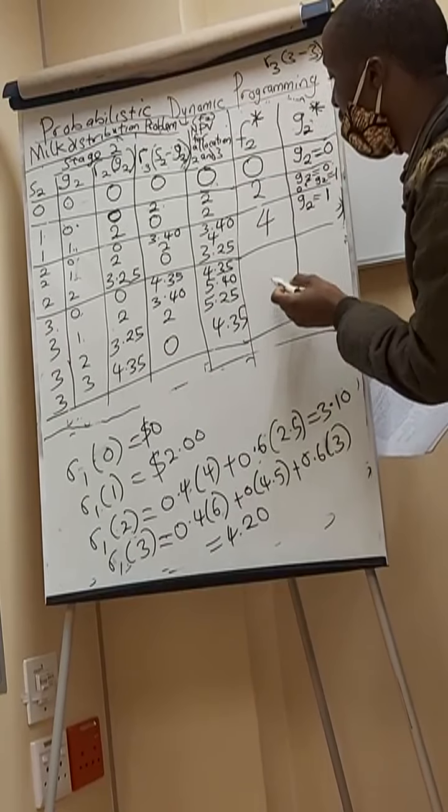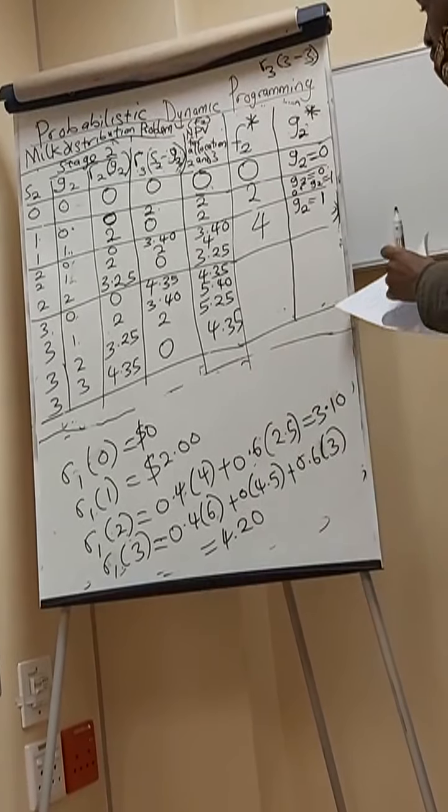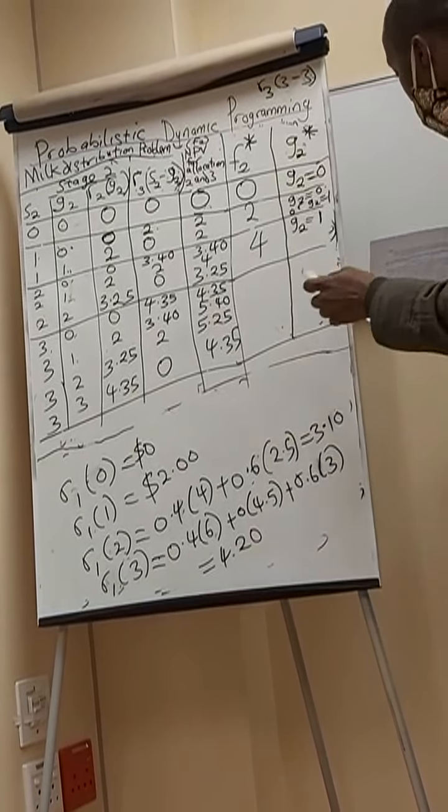The highest revenue was 5.40, so you need to write the 5.40 down.